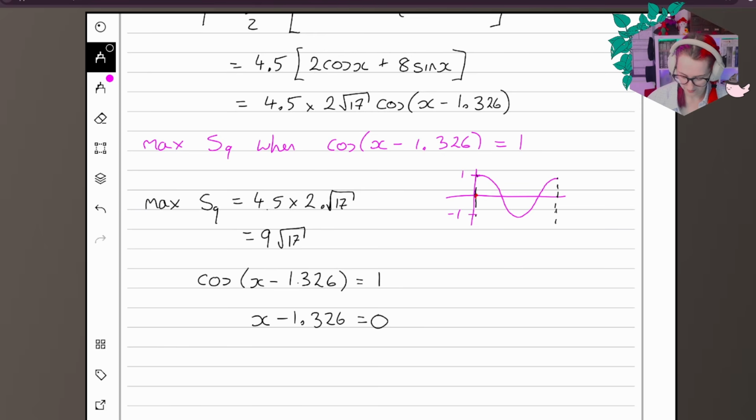Because it happens here, and that's going to be the smallest value that we can take. So x is exactly 1.326 to 3 decimal places. That's the smallest value of x. It does repeat, so it would also happen at 2 pi plus 1.326 and 4 pi plus 1.326. But that's the smallest value of x that we can take.